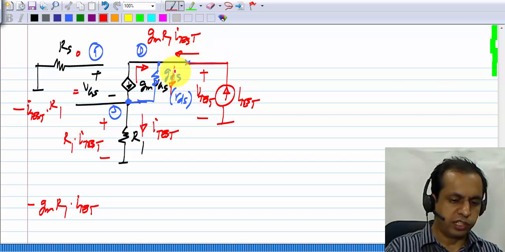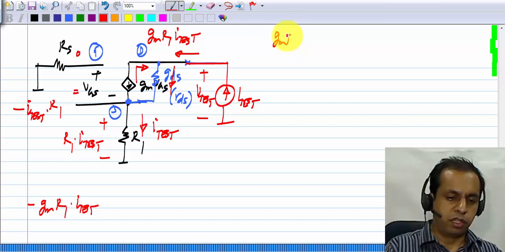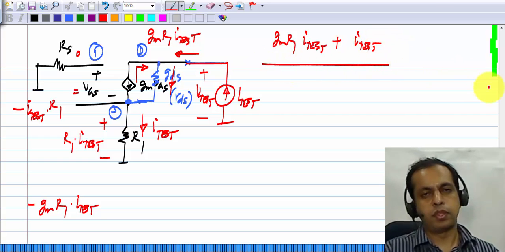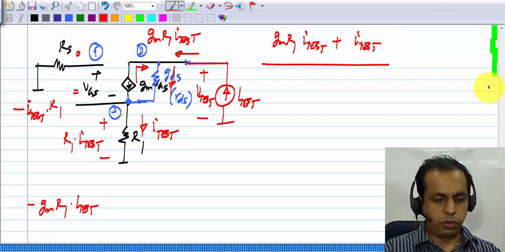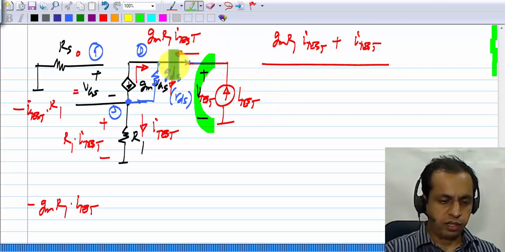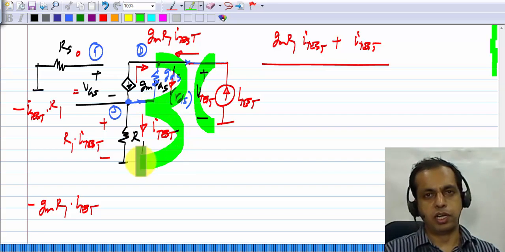Obviously the current through RDS will be GM R1 I test plus I test. Okay, so now we can write down the voltage drop V test in a straightforward way. It is equal to the voltage drop across RDS plus the voltage drop across R1.